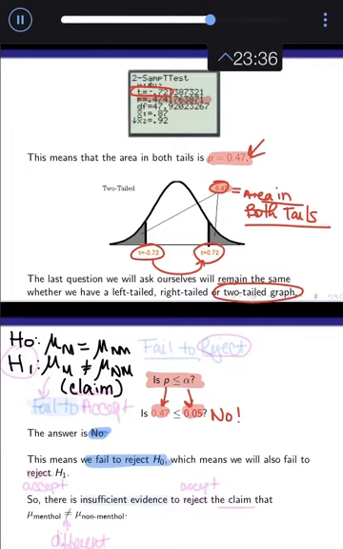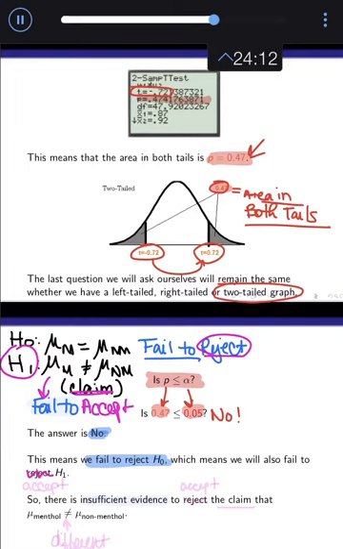So let's see what that means. If we fail to reject H naught, that means we're going to do the opposite with our H1. Instead of reject, we're going to fail to accept. And the reason why we care about H1 is because that's where our claim is. So we're failing to accept the claim. So there's a typo here.